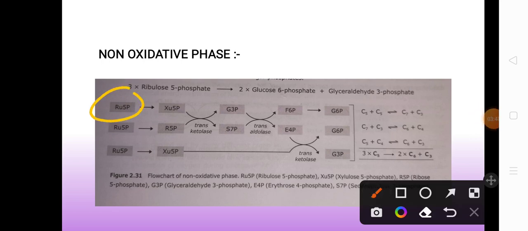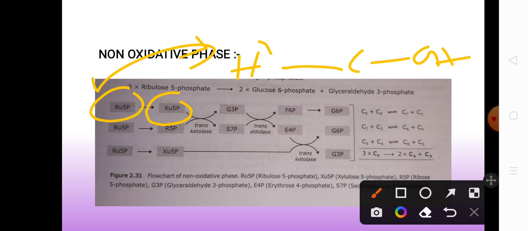Here the change is only in one carbon atom, just a simple change. Suppose in the structure of ribulose 5-phosphate, one carbon has H on the left side and OH on the right side; then in xylulose 5-phosphate it will be changed the other way around.